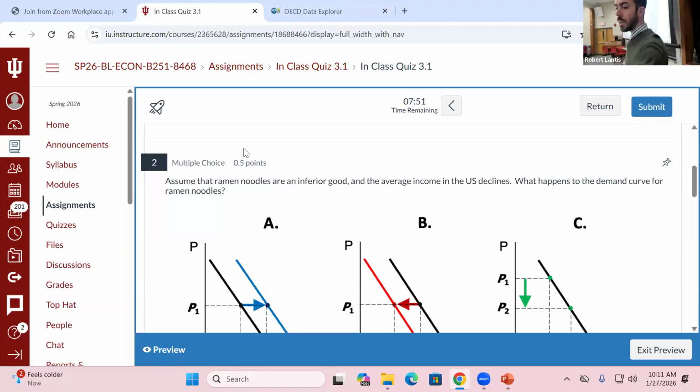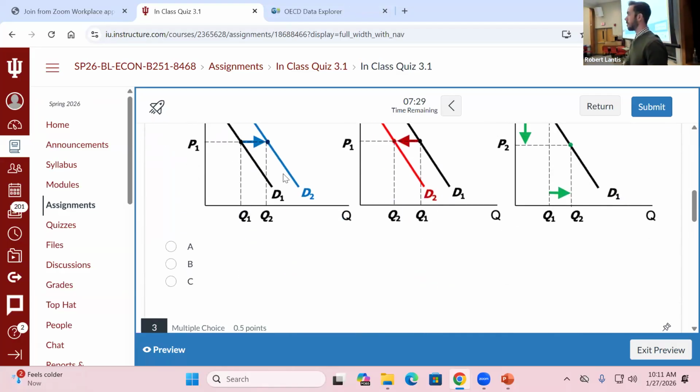When we're thinking about question 2, if I had an inferior product and overall we have an economic downturn, income goes down, then for inferior products, when people have less money, they're going to have to buy more of them. The demand will increase, which is a shift to the right.